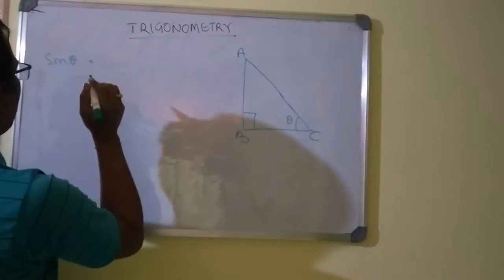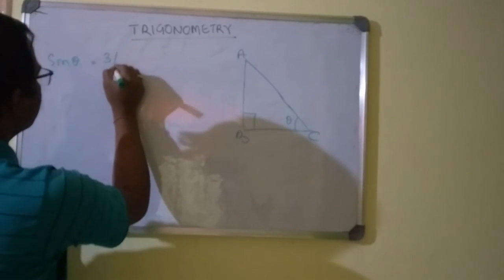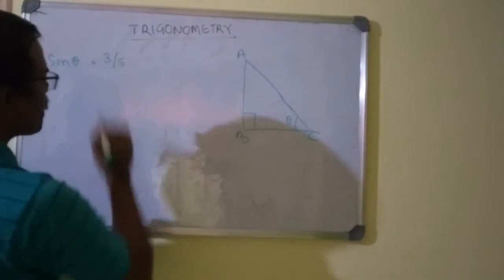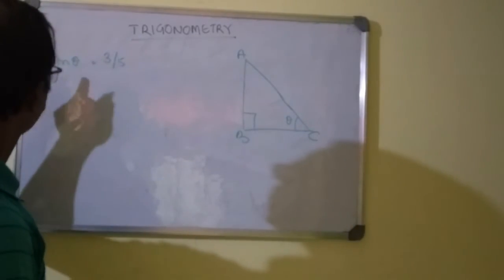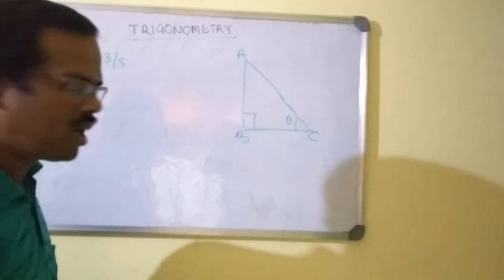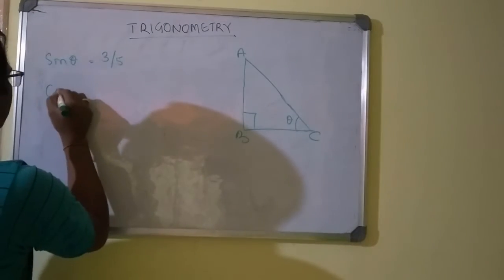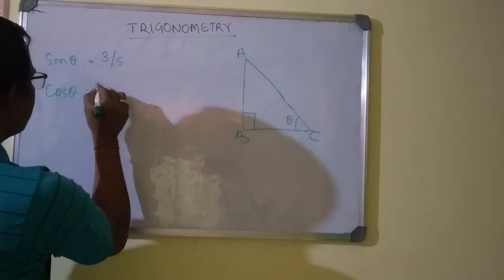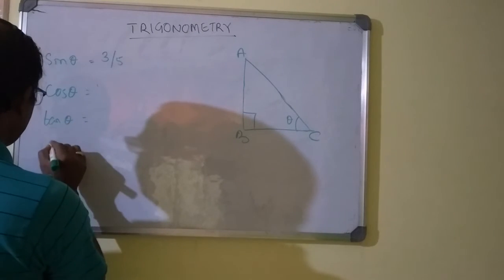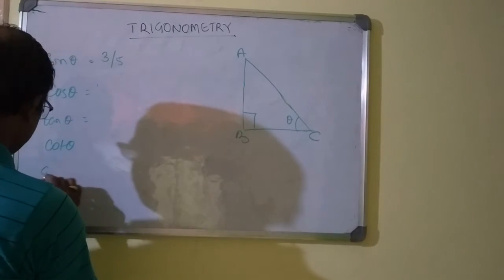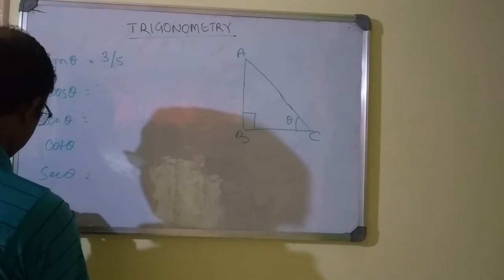For example, I will give sin theta as 3 by 5. Now, if sin theta is given as 3 by 5, the question will be to figure out cos theta, tan theta, cot theta, sec theta, cosec theta.